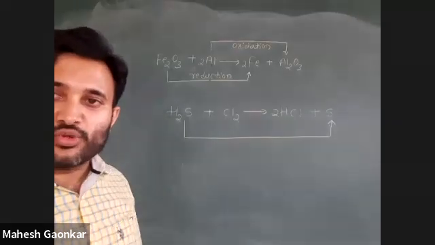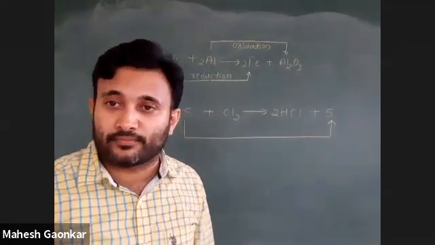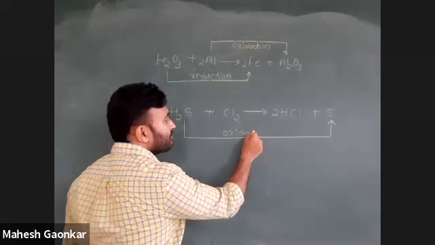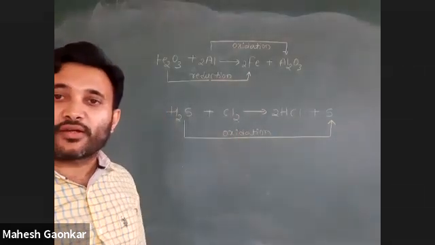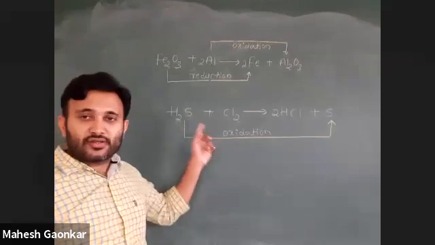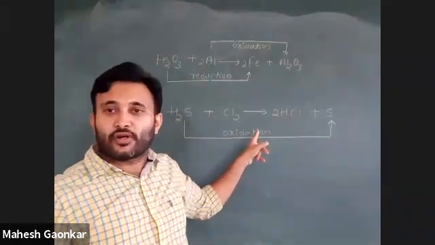Hydrogen sulfide is losing hydrogen atom. Loss of hydrogen atom is what? Oxidation. So it should be oxidation. Loss of hydrogen atom is oxidation. H2S is losing hydrogen atom and forming sulfur, so it is undergoing oxidation.